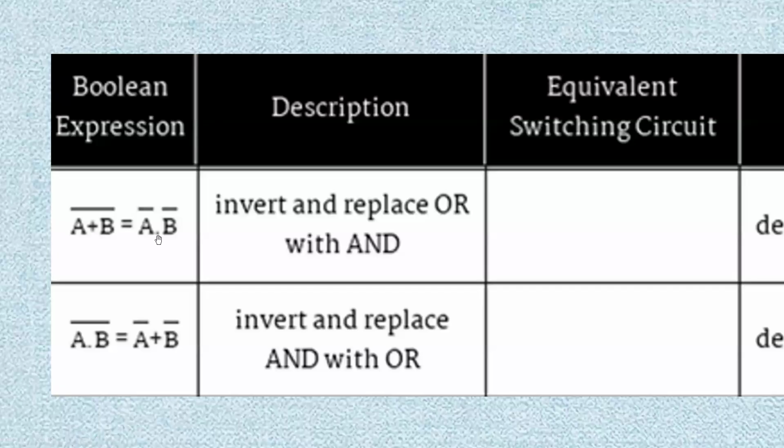It works the same the other way. If you have A and B and the whole output is inverted, it is the same as separately inverted A or separately inverted B. That's the De Morgan's theorem.